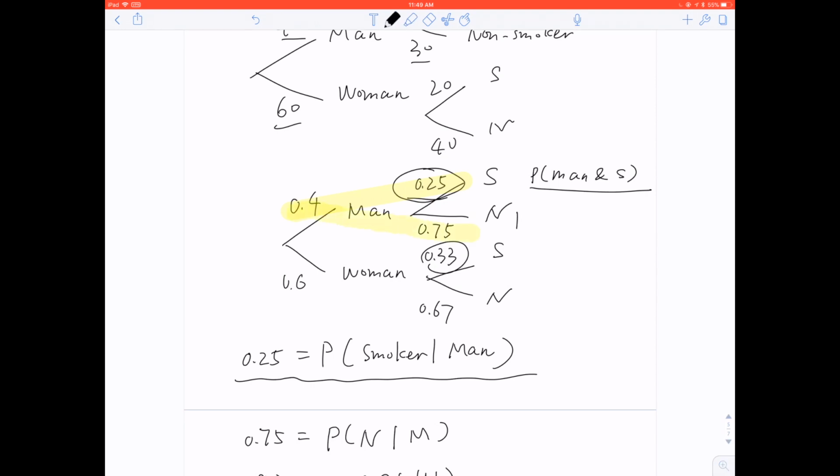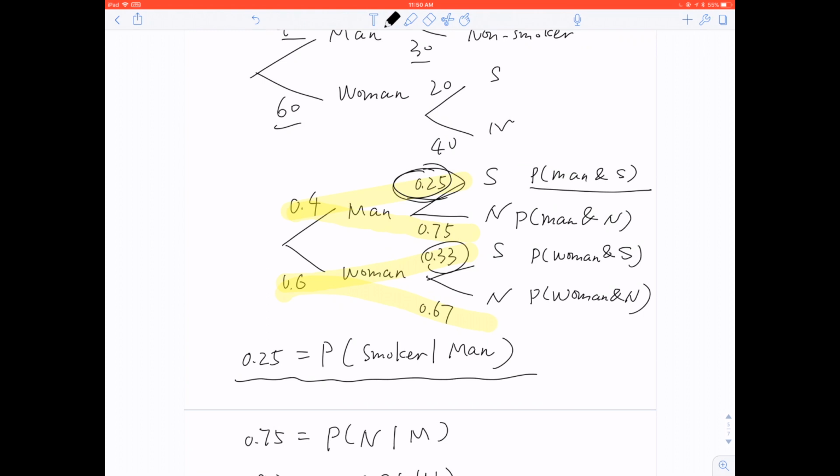So similarly, in this branch, if you multiply 0.4 by 0.75, what you will end up with is the probability of being a man and a non-smoker. So I'm going to do this again. If you use 0.6 multiplied by 0.33, you will get the probability of both being a woman and a smoker. And last, if you are multiplying along the last tree branch, that will give you the probability of both being a woman and a non-smoker.